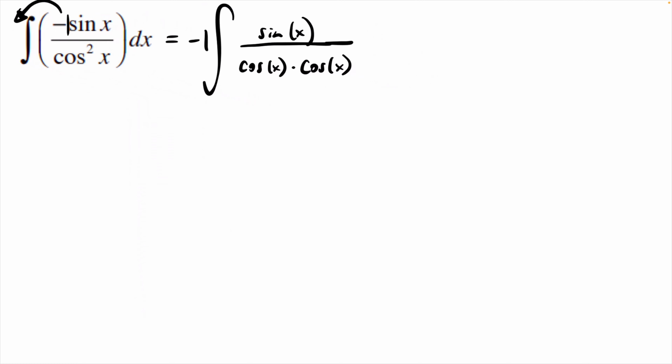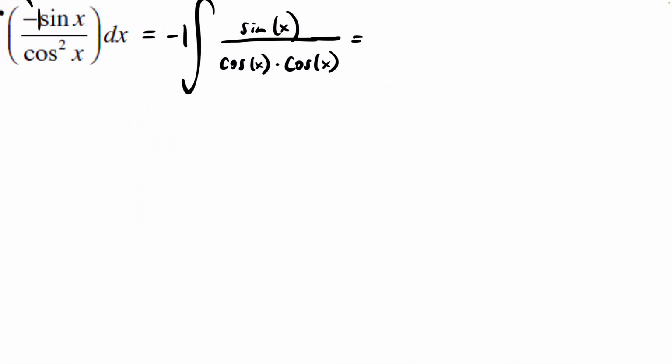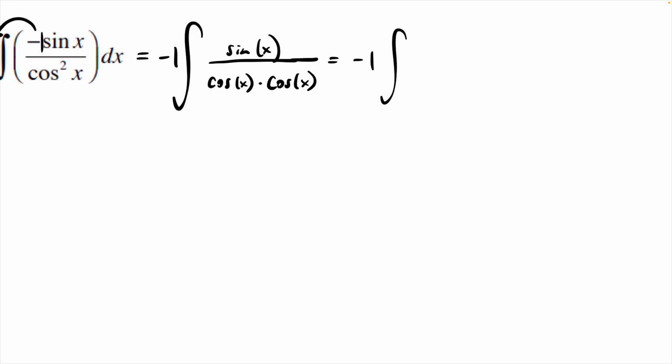So this is what I'm going to do. I'm going to break it up a little bit more. Negative 1 in front, and I'm going to pair them up. Sine of x can pair up with cosine of x, and that leaves a cosine on the bottom.